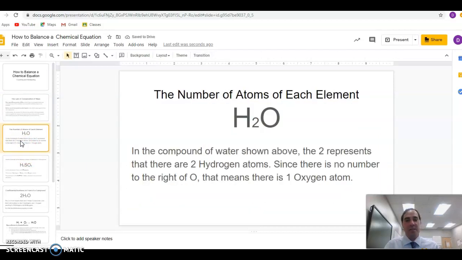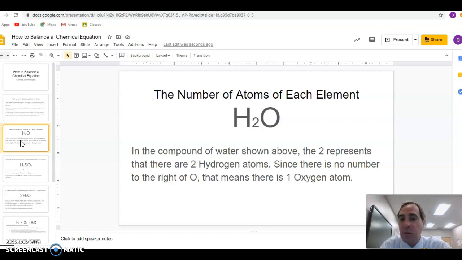So now let's just take a look at how they tell you how many atoms are in a compound. Okay. What you see up here is the compound of water. Everyone knows H2O, but what you got to pay close attention to is that 2 means that there are 2 hydrogen atoms.